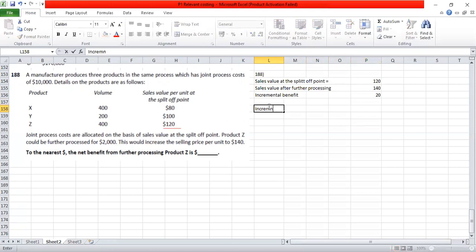So incremental cost is the further processing cost. Further processing cost is 2000, and this 2000 is incurred for all the units. How many units? 400 units. So 2000 divided by 400.